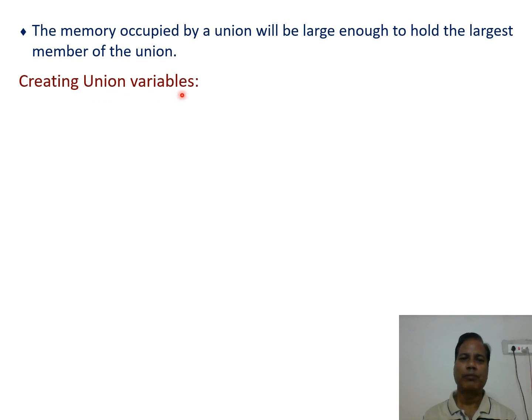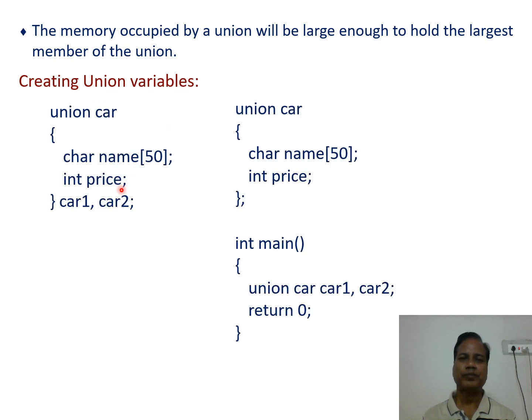Creating union variables. This example shows how to create union variables. We have already discussed structures. So how to create the structure variable? Here is also the same procedure.